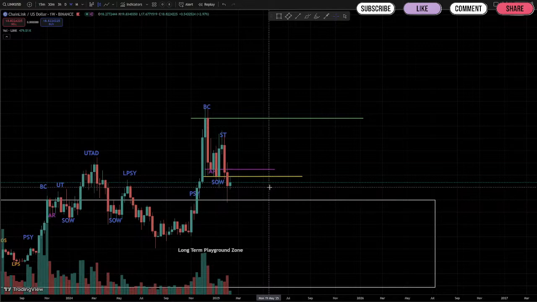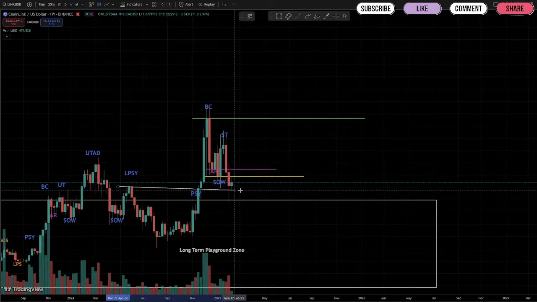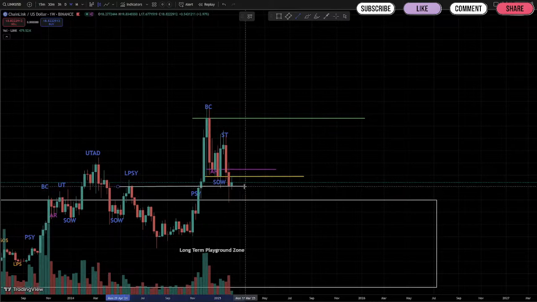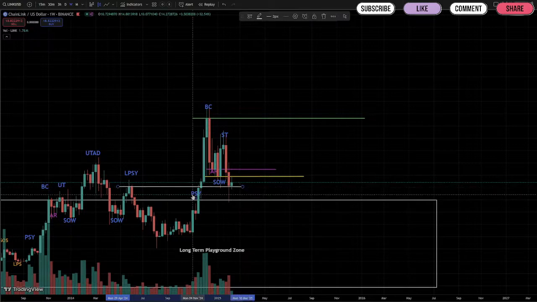This is quite interesting. The reason I say this is because the support of the current 2 weeks, these two weekly candles, seems to be extended from where we had the last point of supply from last cycle, last distribution cycle. Also somewhere close to where the preliminary supply is.